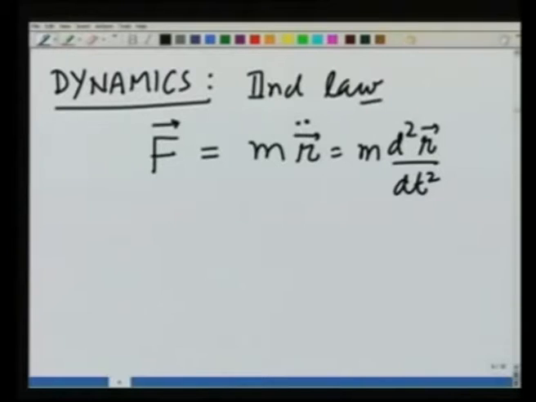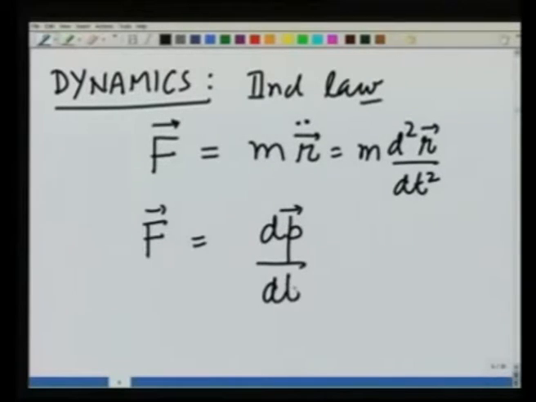Later, when we learnt about momentum, we said force is nothing but dp/dt, that is the rate of change of the momentum of the particle.